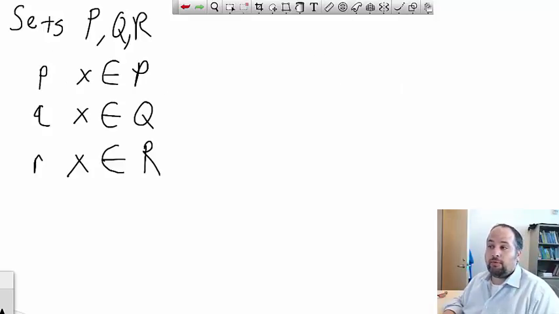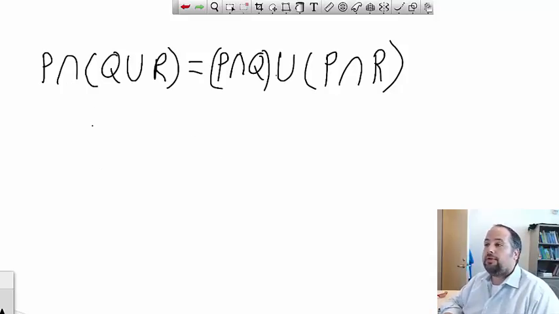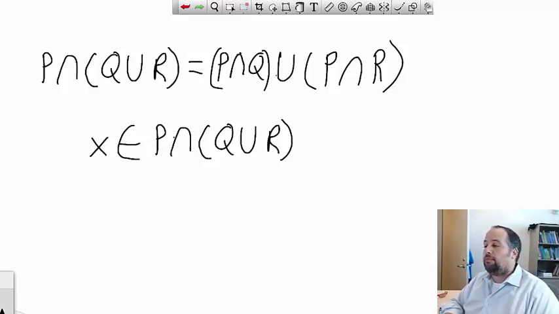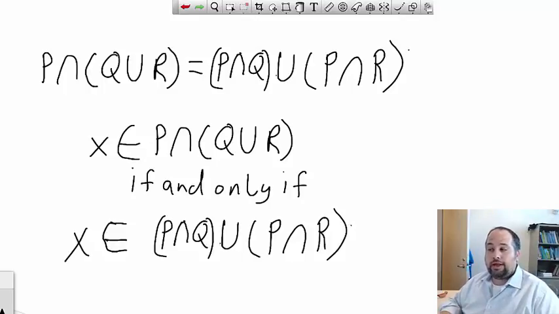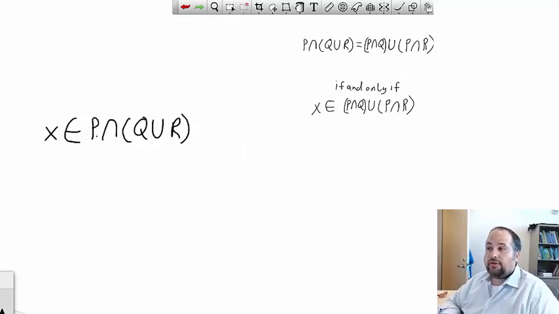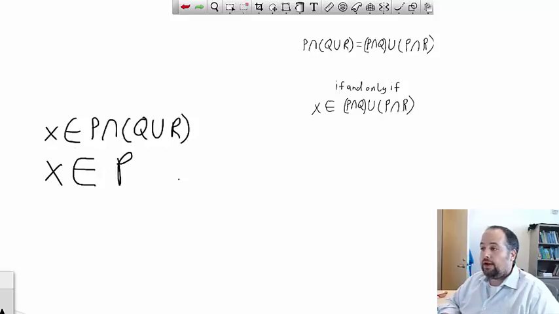If we go back to our rule before, right? According to those rules, X will be a member of P intersection Q union R if and only if X is a member of P intersection Q union P intersection R, which makes sense because that's what our distribution rule says, right? Now, knowing that, what does X exists inside the set P intersection Q union R mean? Well, it means that X is inside set P, right?